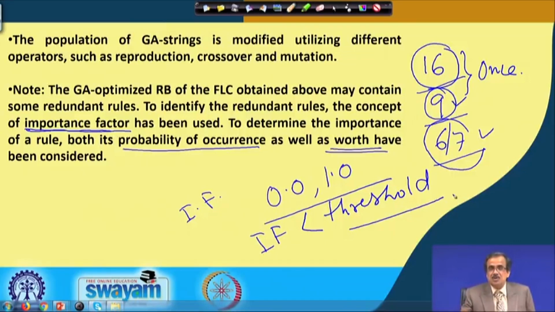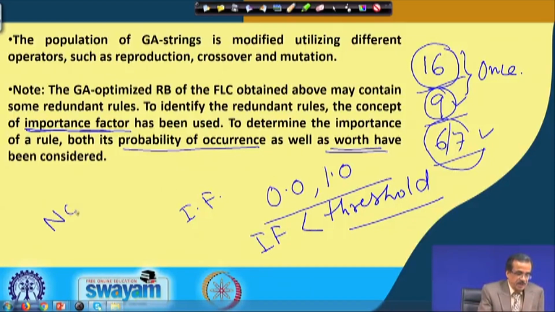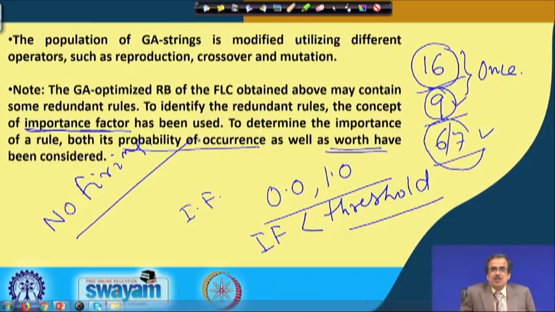Now, if I pass those test scenarios, there is a possibility that not even a single rule is going to be fired, and that is the problem of no firing. By no firing, we mean a situation where we pass one set of inputs, but it does not trigger any of the rules, and none of the rules is fired.